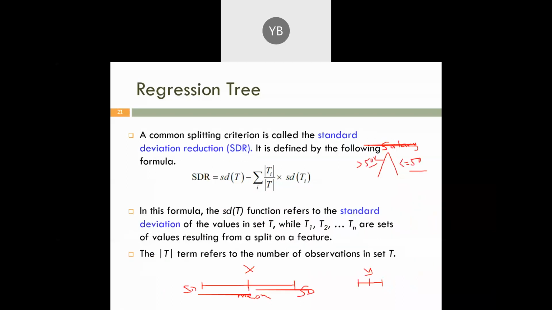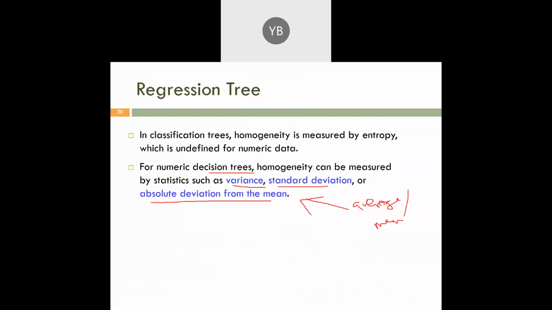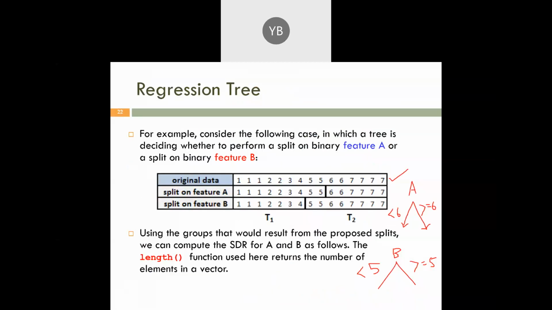Remember that we use the attribute to split the data in order to estimate the dependent variable. So which feature, A or B, could reduce your standard deviation?